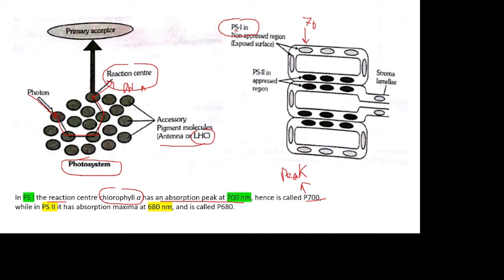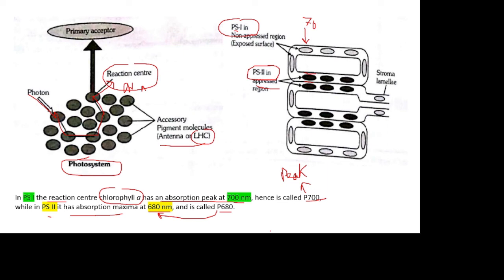The other region, the appressed region, that is in between these two, has PS2, or photosystem 2, and its absorption is at a maximum of 680 nanometer. That's why the peak is 680, and we gave it the name P680.